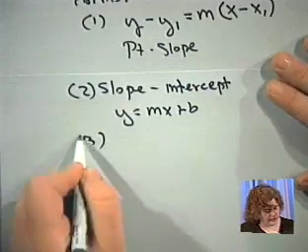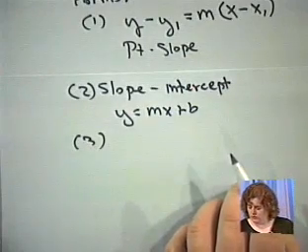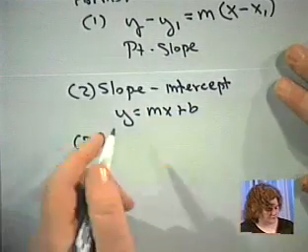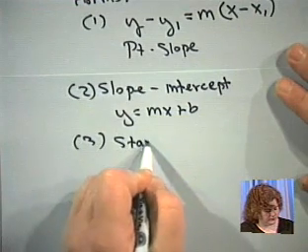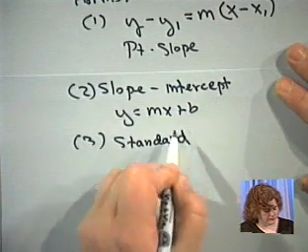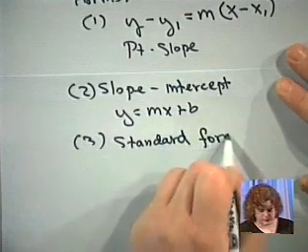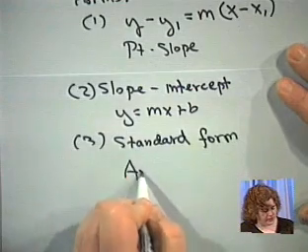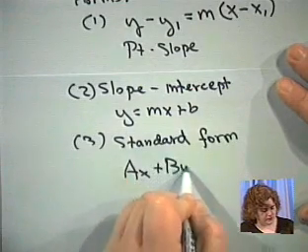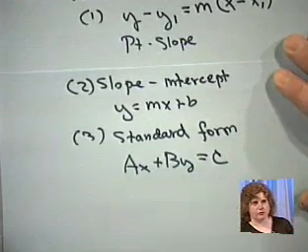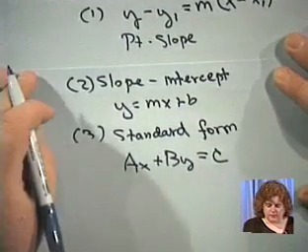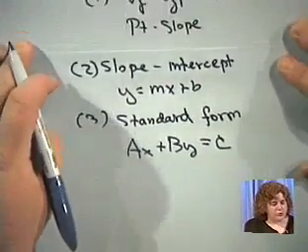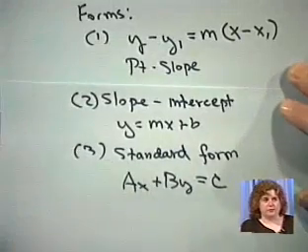And then the third pattern we'll look at is called standard form. And it has the pattern ax plus by equals c. And again, I'll go over what all those mean. What will you notice right away perhaps in these?